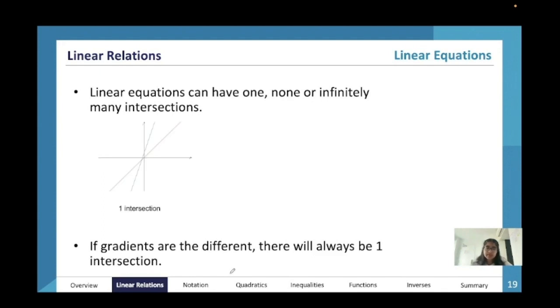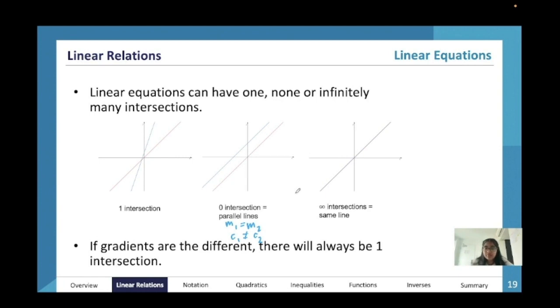If you want one intersection, all you want is that they're not parallel, so they intersect once at some point. 0 intersections means that you want them to be parallel. So you want m1 equals m2, but you don't want c1 equals c2, and I'll get to why in a bit.